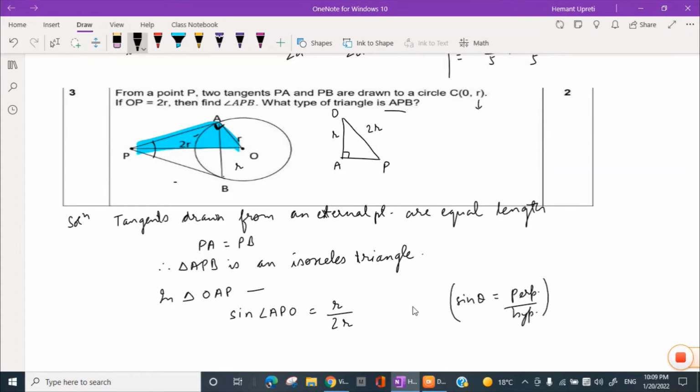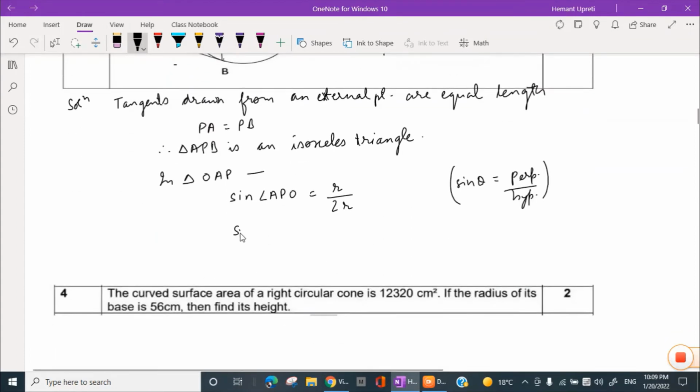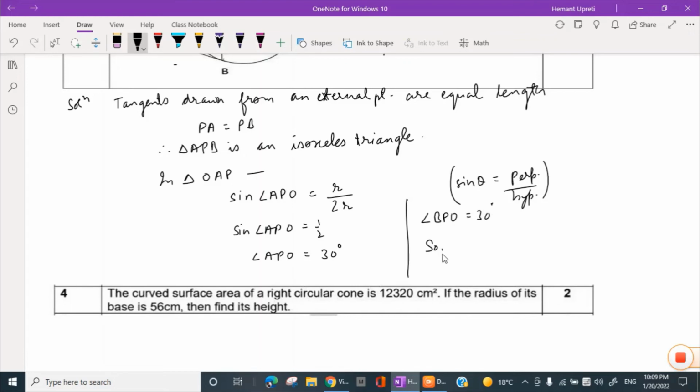So from this what you get, sin of angle APO is 1 by 2. तो आप बता सकते हैं एंगल APO is 30 डिग्री. किस साइन की वैल्यू 1 by 2 होती है, साइन 30 डिग्री की. तो एंगल BPO भी इसी तरह से 30 डिग्री हो गया. तो सो यू कैन से एंगल APB is equal to 60 डिग्री. एंगल APB will equal to 60.